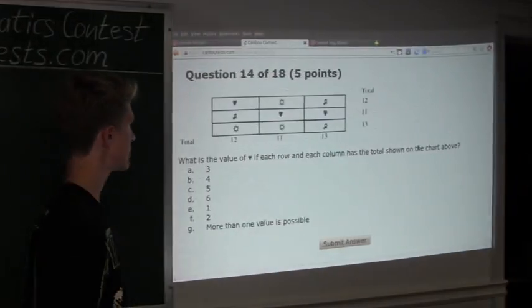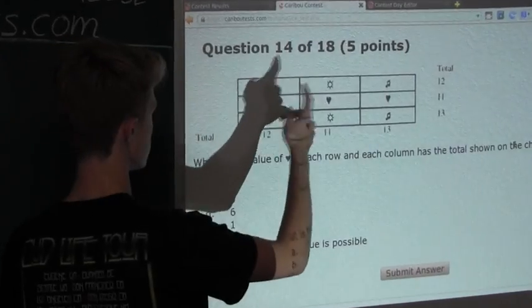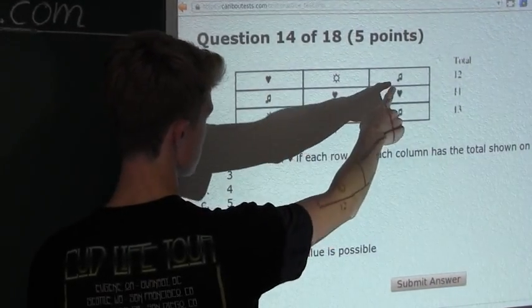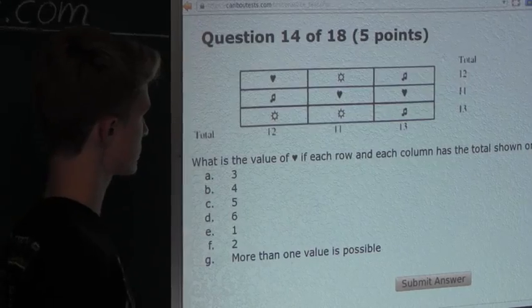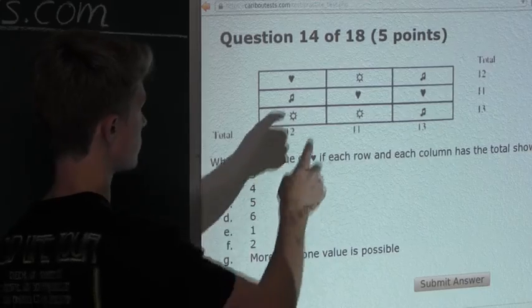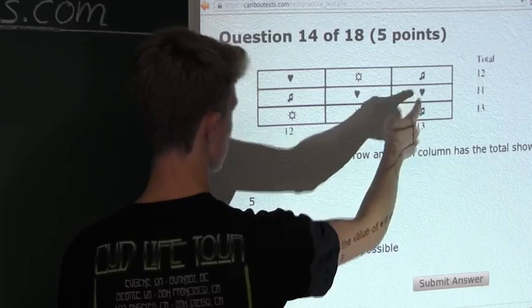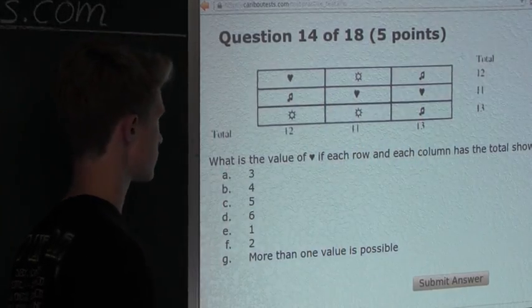Okay, now let's look at the top equation. We have the heart plus the sun plus the pair of music notes. What is good is that now we can find the value of the heart because we can rewrite the sun in terms of the heart and the pair of music notes in terms of the heart.